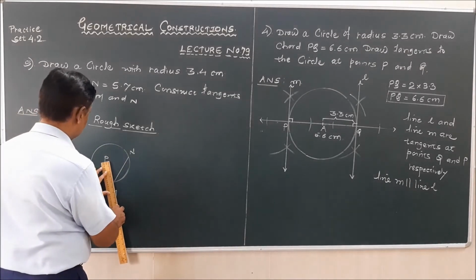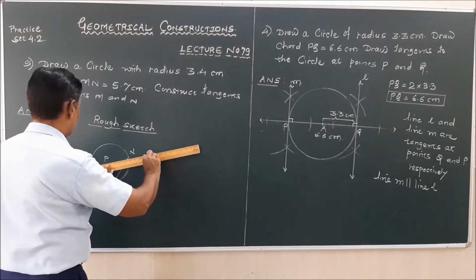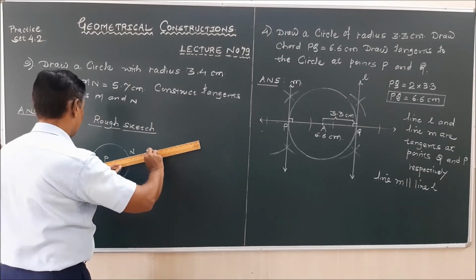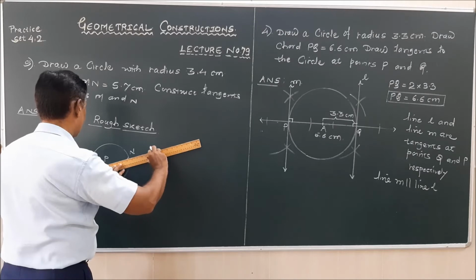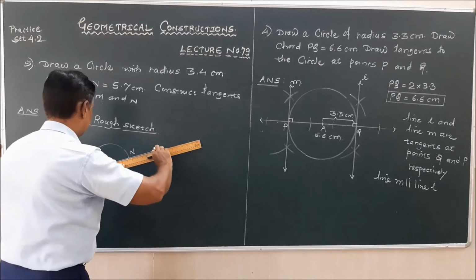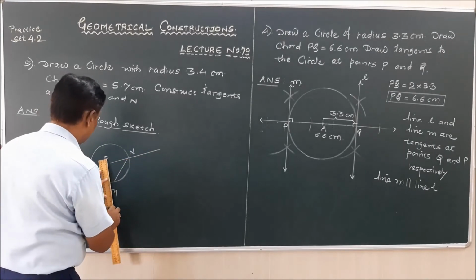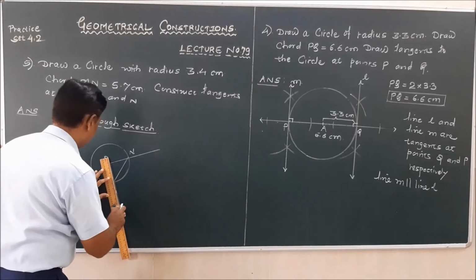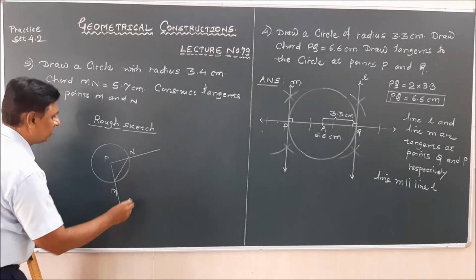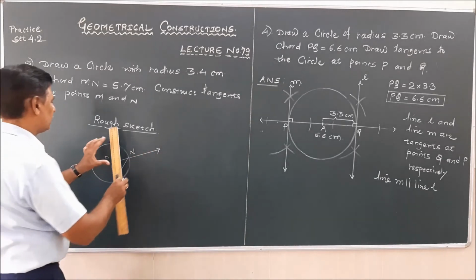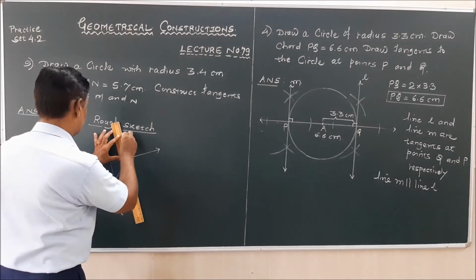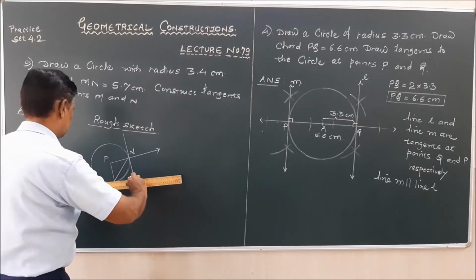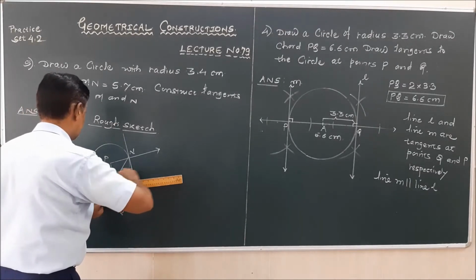Then very important, what you have to do is draw tangents. So you have to draw a ray passing through PM as well as PN. Then you have to draw a tangent. This is one tangent. This is another tangent.